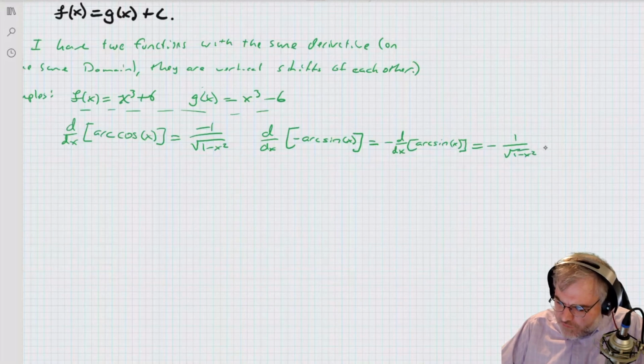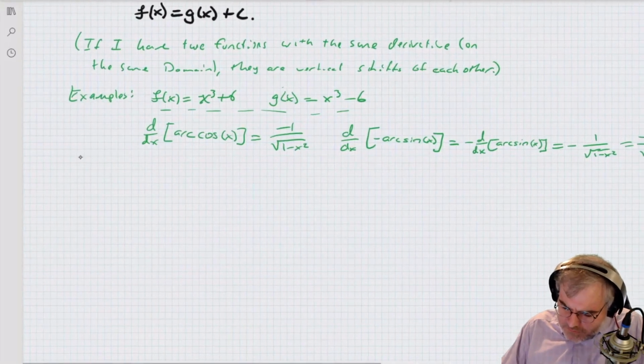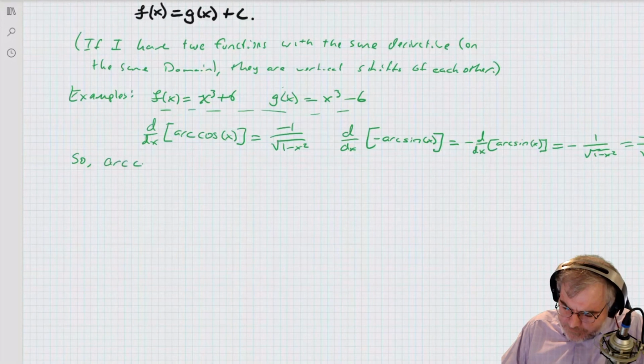Negative 1 over the square root of 1 minus x squared. So arc cosine and negative arc sine are vertical shifts of each other.